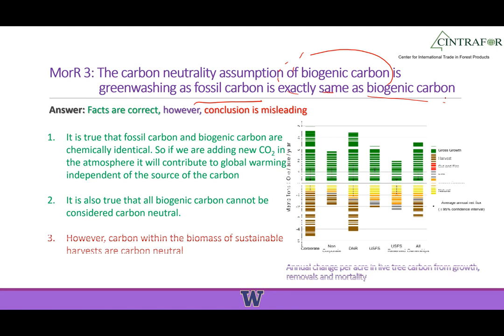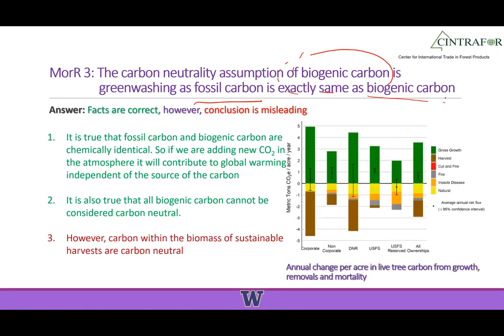when carbon comes from sustainably harvested forest, then the CO2 can be considered biogenic carbon and can be considered carbon neutral. Look, in this particular case, if you look at all ownerships, what we are getting out of the forest is less than what is getting sequestered in that particular year. So we are not increasing the abundance of CO2 in the atmosphere by harvesting or by decay mortality, if we are making sure we are growing enough.